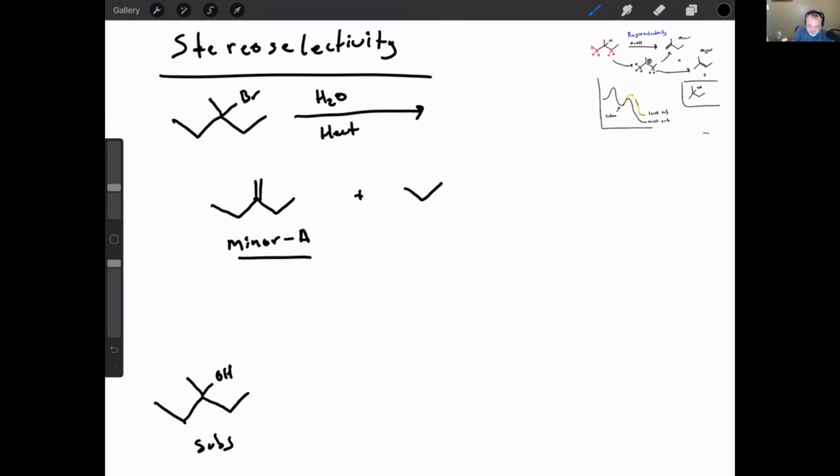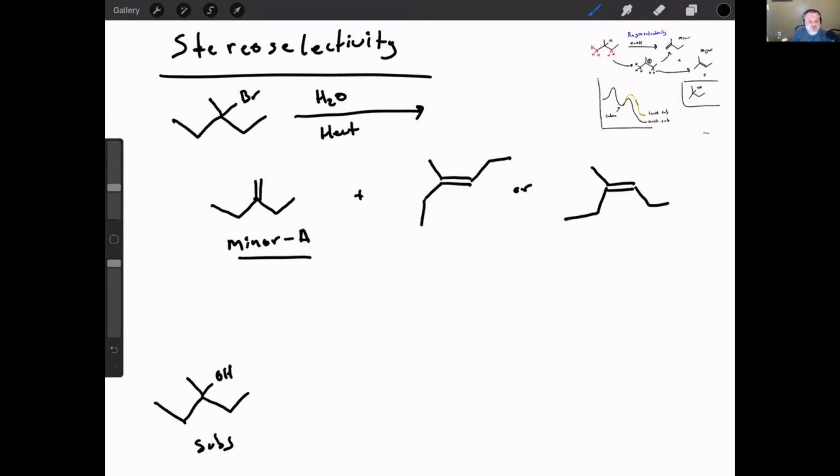Well, I could have the double bond form with an ethyl group like this. Or I could have it form like this.